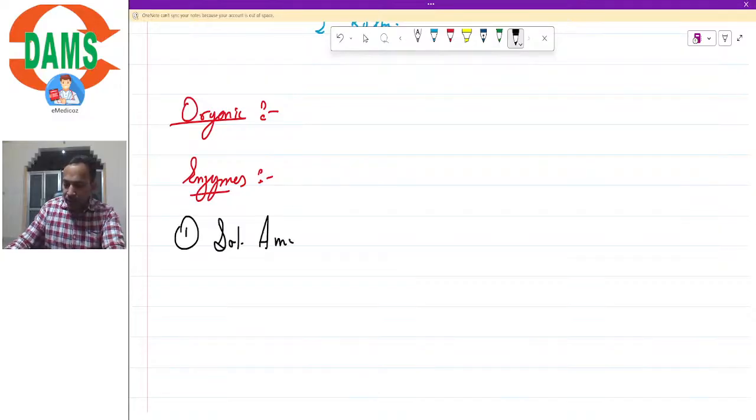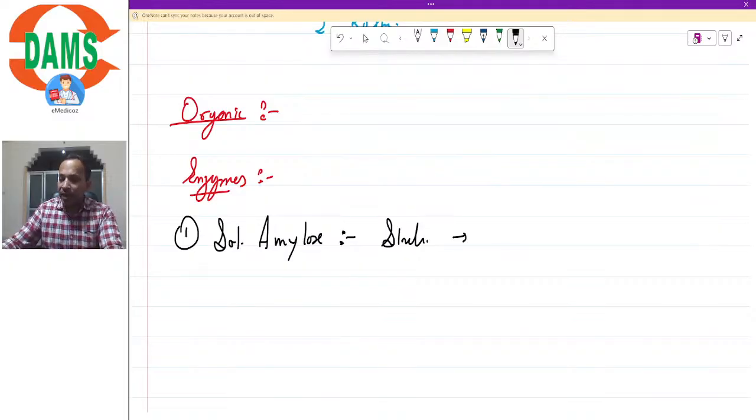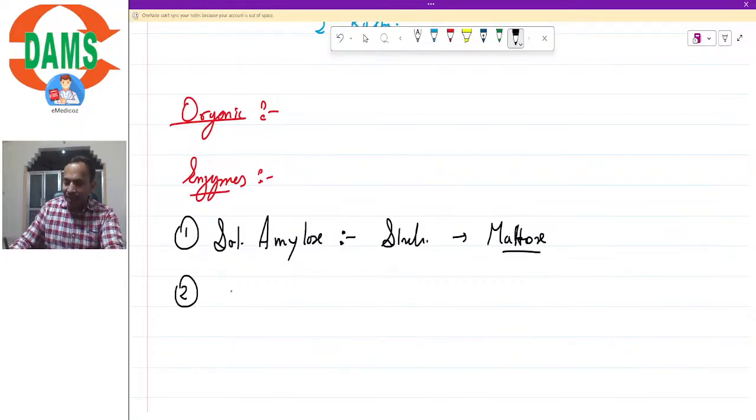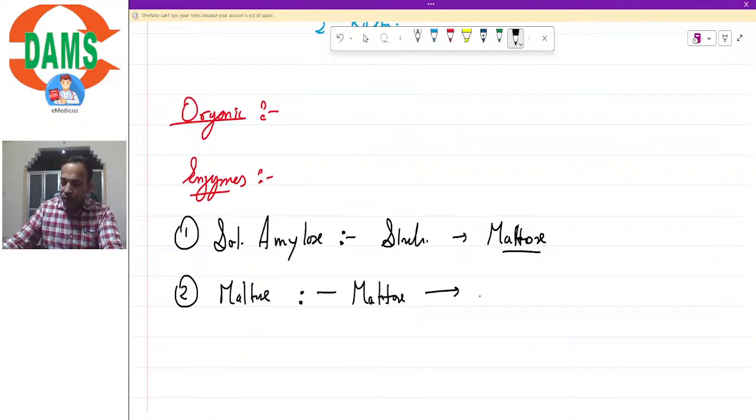Salivary amylase. So salivary amylase helps by digesting starch and converts it into maltose, isn't it? So the secondary enzyme is maltase, which digests maltose and converts it into glucose.